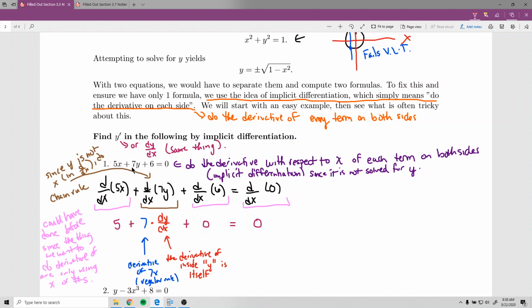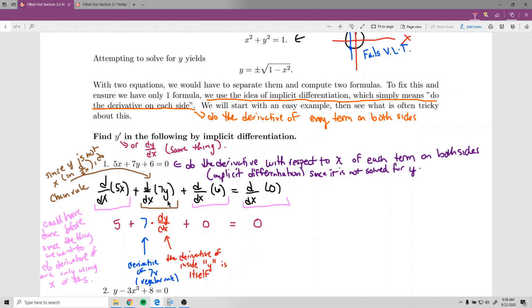Right, so normally we don't ever write this, but if I wanted to do the chain rule with 5x, I would do the derivative of 5x, which is 5, and then I would multiply by the derivative of the inside, the derivative of x, which is actually just x, or sorry, 1, because that's the letter that matches. The derivative of x is 1.